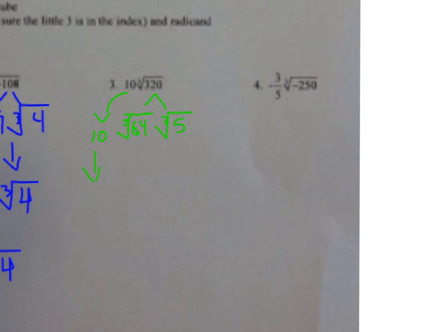Bring down the 10. The cube root of 64 is 4. Bring down the cube root of 5. And then 10 times 4 is 40, and then we have the cube root of 5.